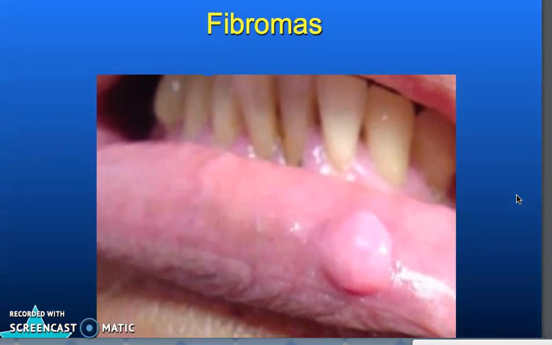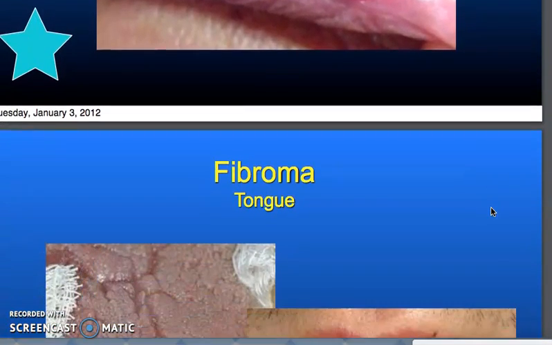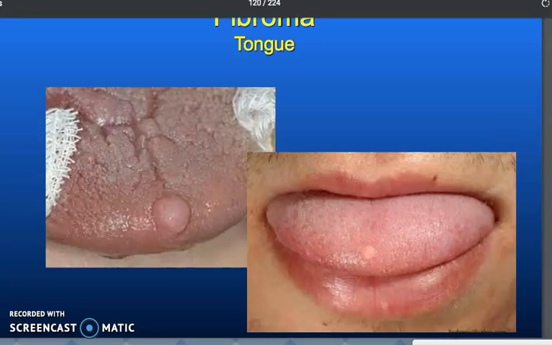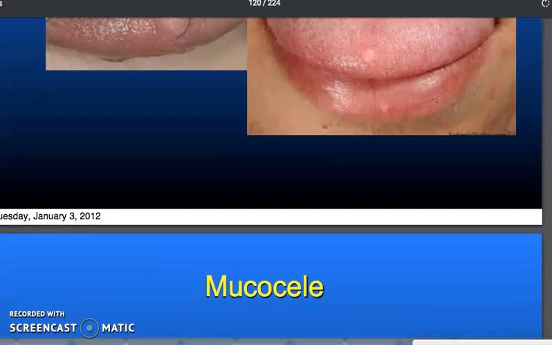Okay, so another example of a fibroma on the mandibular lip. And here's one on the apex of the tongue. You see it here. And this is a larger one. They can be removed. A lot of times they will reoccur.